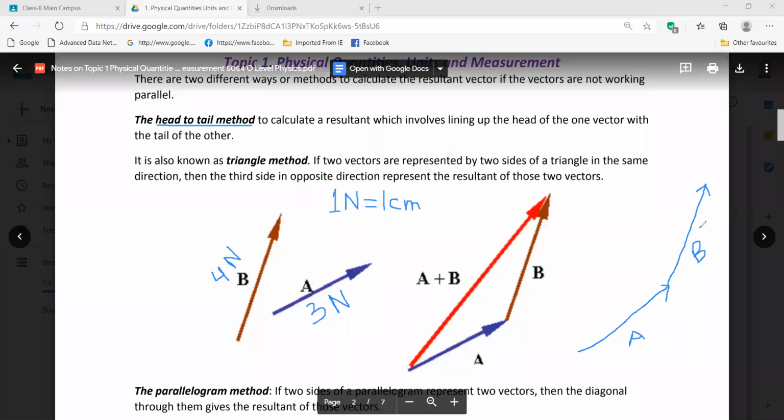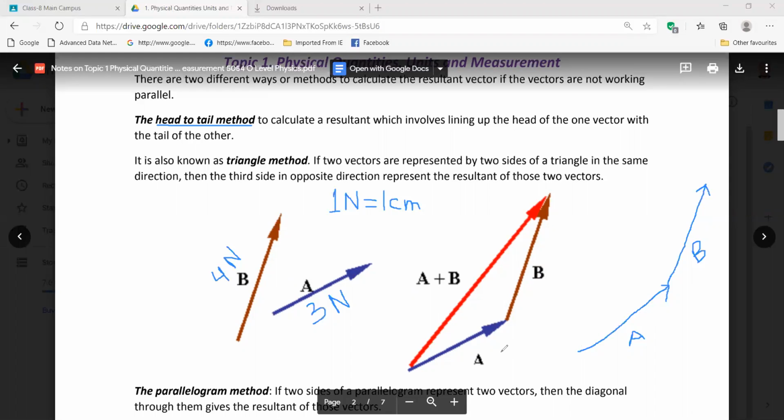It's only a triangle, not a right angle triangle. We are maintaining the angle we already have, given here. We cannot make it a right angle.